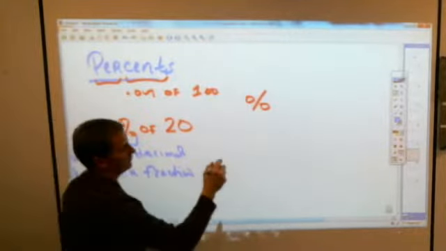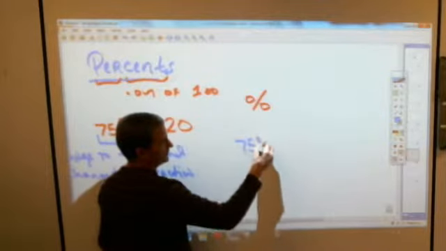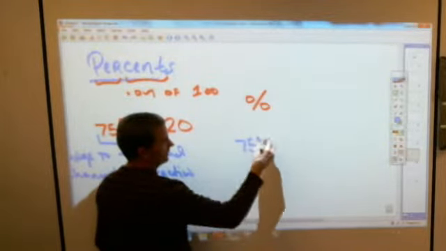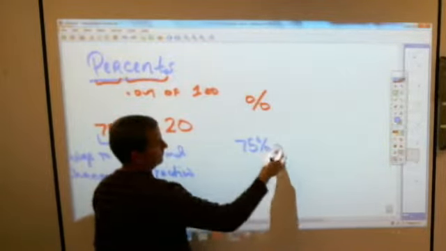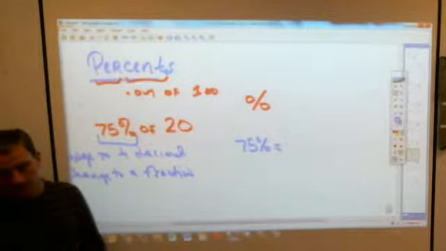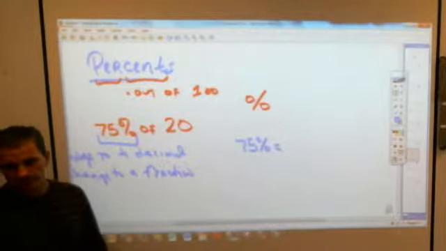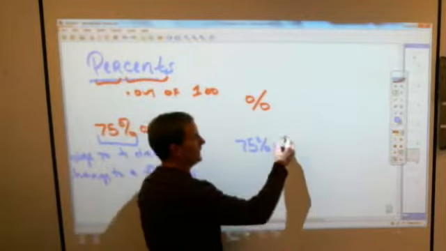If you have 75%, we just talked about what percent means. If percent means out of 100, then what fraction do you suppose 75% is? Not reduced, first of all. Brennan? 75 over 100.